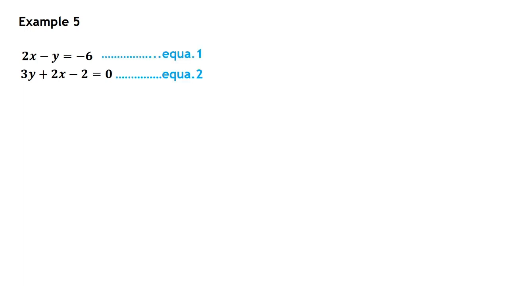Let's look at more examples. Example 5 with different scenarios. Look at this one. 2x minus y is equal to negative 6. 3y plus 2x minus 2 is equal to 0. Now, not every equation will always be ready for you, saying y equals or x equals. You sometimes need to manipulate the equations so that you can get the expression that you need to go substitute in the other equation.